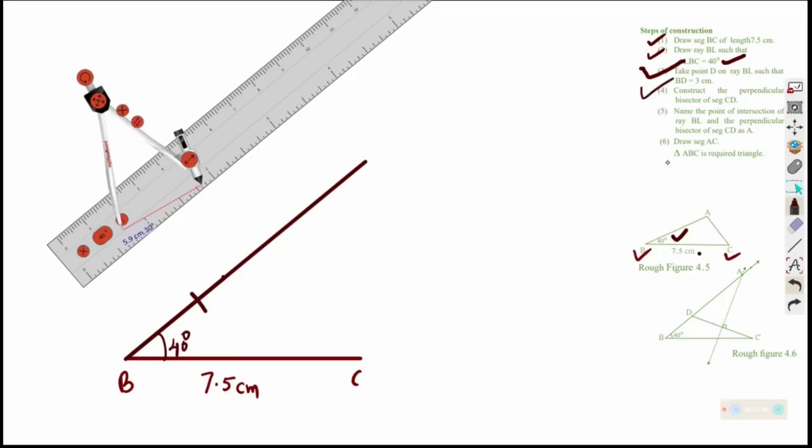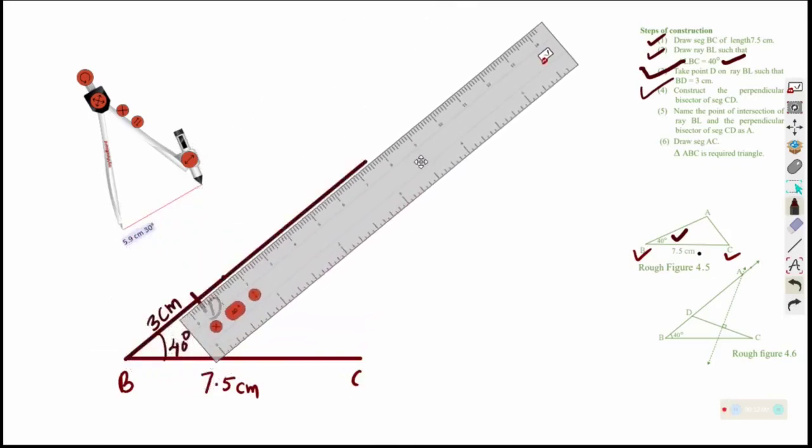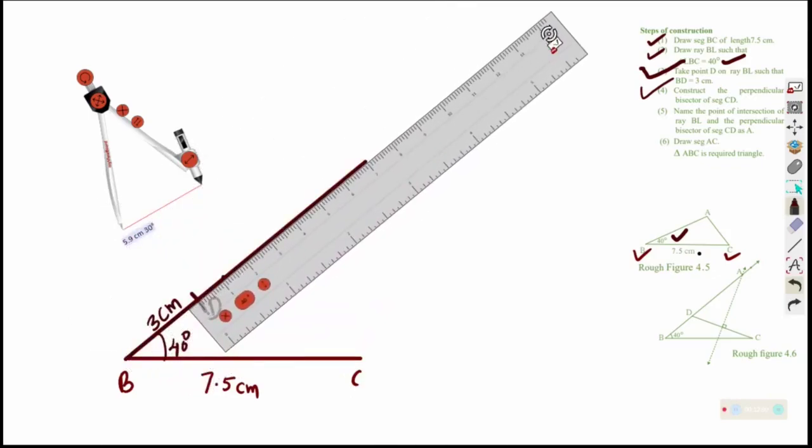Now what is next is we have to construct a perpendicular bisector on C and D. So we will be doing that now. For that we should connect D with C first with the help of a line segment. For that we need the scale again.